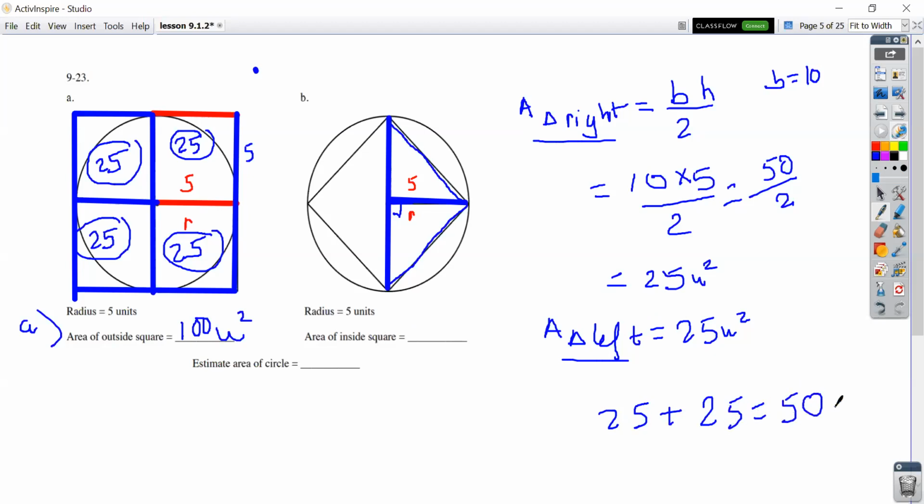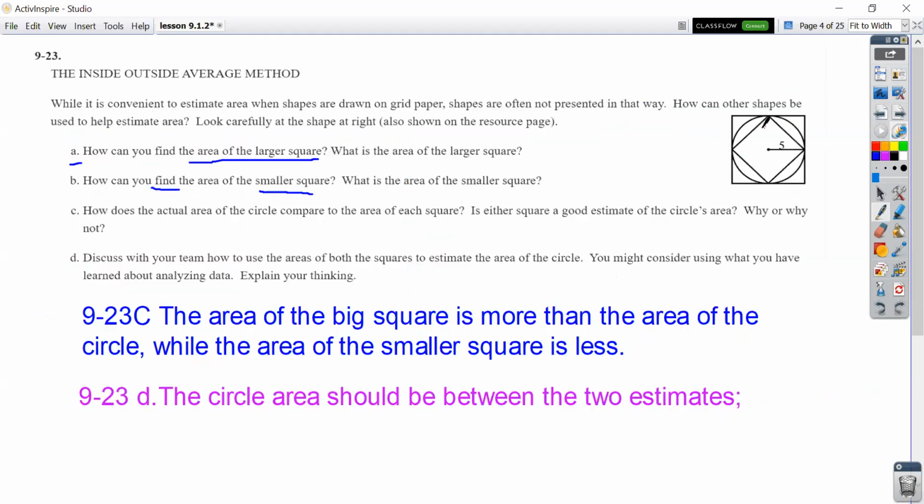So the answer for question B is the area of the square inside the circle is 50 square units. So estimate the area of the circle. It should be between, this is the big square, and then next to the big square is the circle. Next to the circle is the little tiny square.